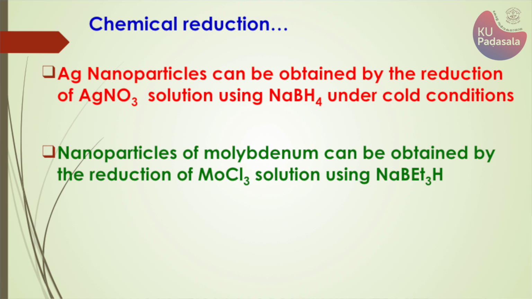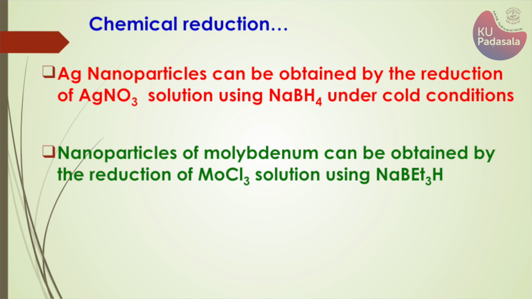Now, silver nanoparticles can be obtained by the reduction of the precursor salt solution, that is AgNO3, using NaBH4, that is sodium borohydride, under cold conditions, or we can perform the reaction in ice. Another example is molybdenum nanoparticle synthesis.